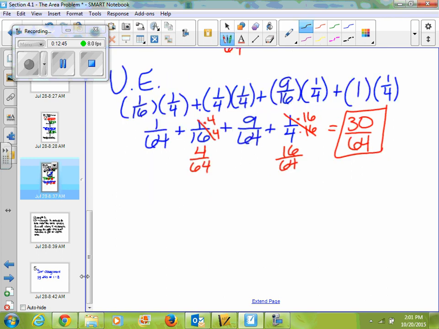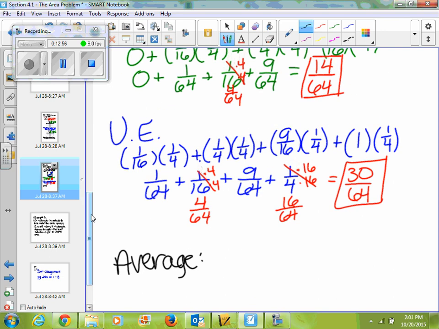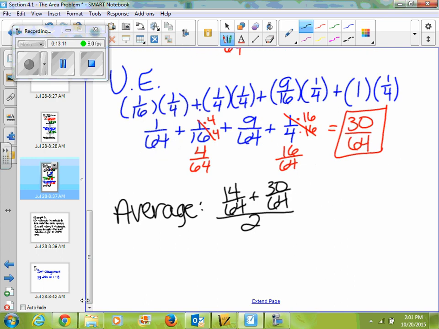And the last thing it asked us to find was the average, so that we would be able to best estimate the area under the curve. So to find an average, you just add up your values and divide by the number. So 14/64 plus 30/64 divided by 2. 14/64 plus 30/64 gives me 44/64.